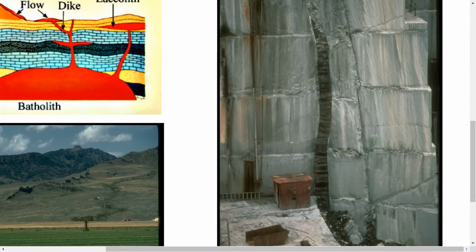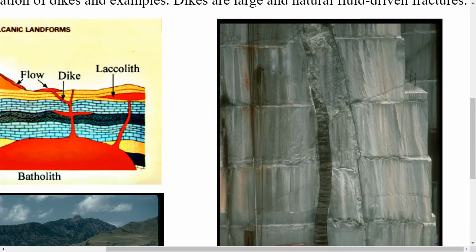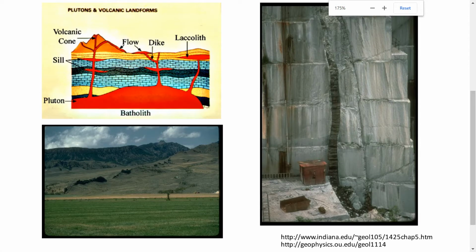So that means it's propagating from the bottom upward. And in this case, this would be a type of hydraulic fracture which is magma. Once the magma cools down and solidifies, what you have is this fracture field with the magma, now solidified as a rock.